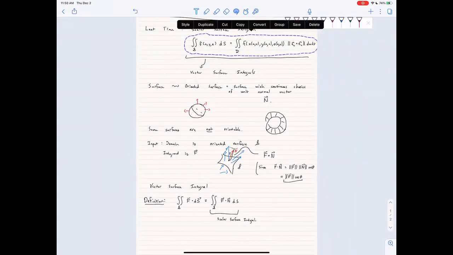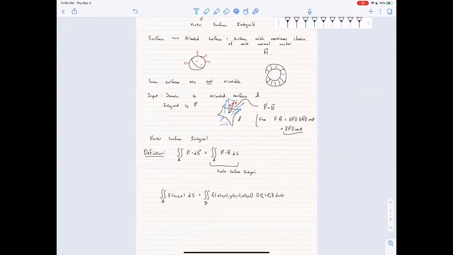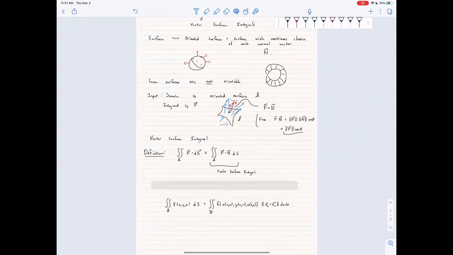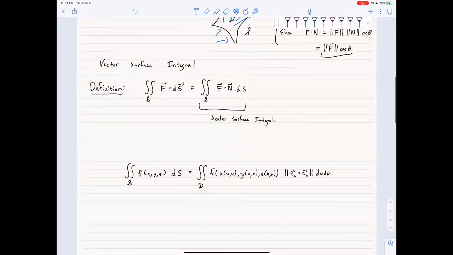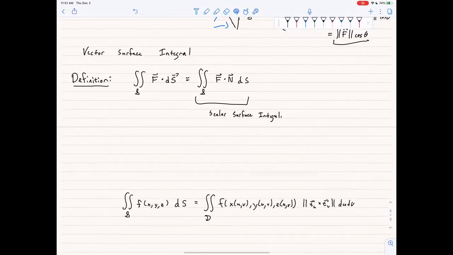I need to say a couple of words before I go ahead with this computation. So before using these formulas, in order to compute the scalar surface integral, we needed a parametrization of our surface, right?